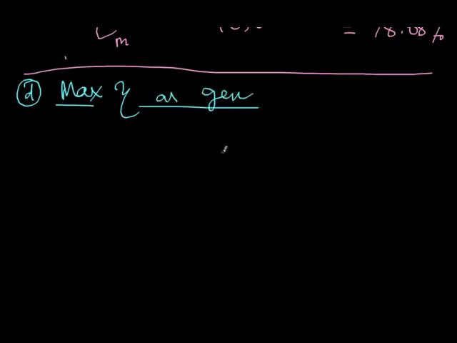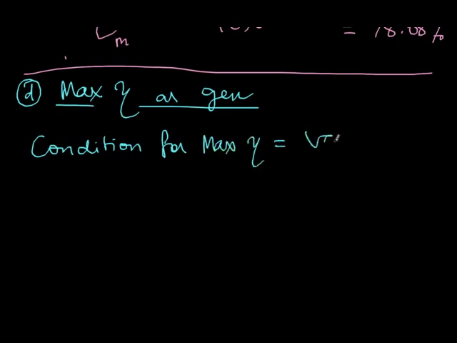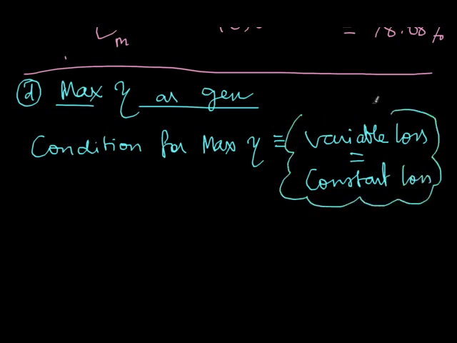So now you know that the condition for maximum efficiency is that variable loss should be equal to constant loss. So this is the condition that is required for this one. So therefore, the constant loss we already calculated is 970 watts.